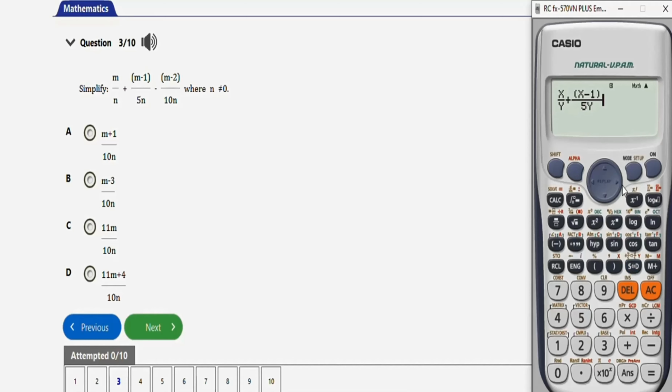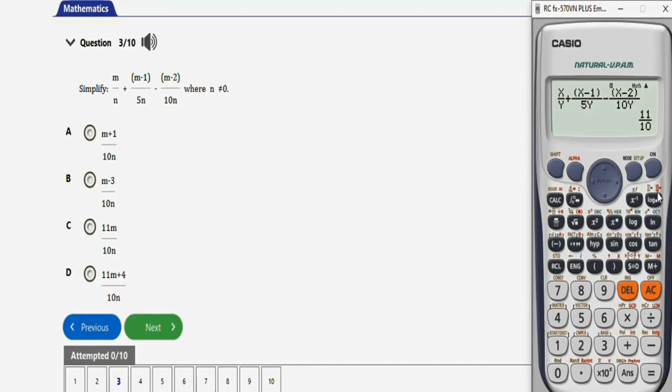Then we have minus in brackets a fraction in brackets x, our m, minus 2, close the bracket, over 10y, our y is our n. So that's it for this question. Hope we're not missing anything. Let's press the equal to button now to see the output.